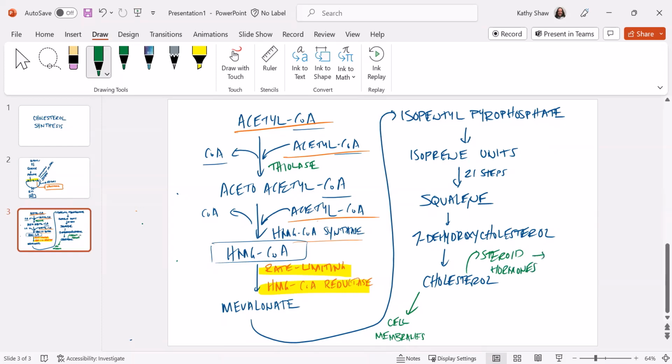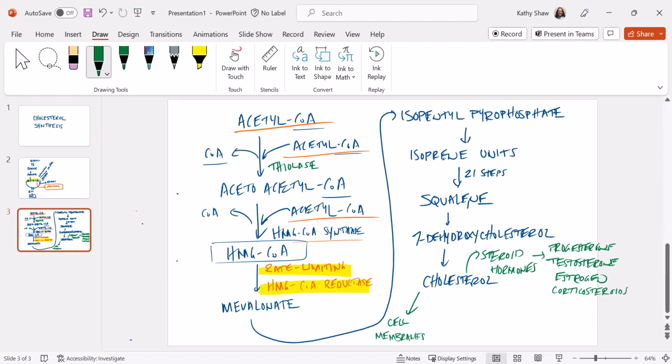So that's going to be things like your progesterone, testosterone, estrogen, corticosteroids, things we'll talk about and you'll talk about in other classes. You'll see cholesterol playing into that.